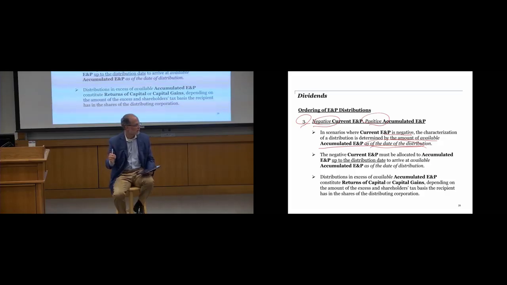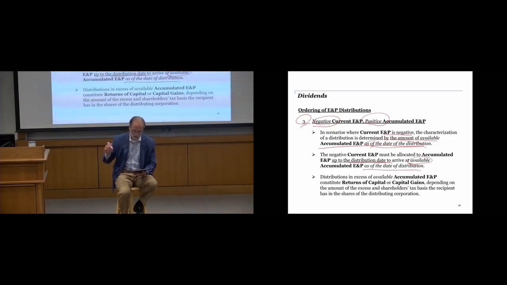I'm going to allocate some of my negative E&P against my positive accumulated. I don't say it doesn't touch it. This is my one allocation. So negative E&P must be allocated to accumulated E&P up to the distribution date to arrive at available accumulated E&P as of the date of the distribution.